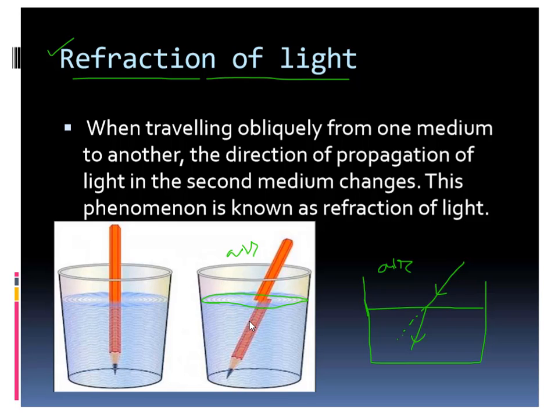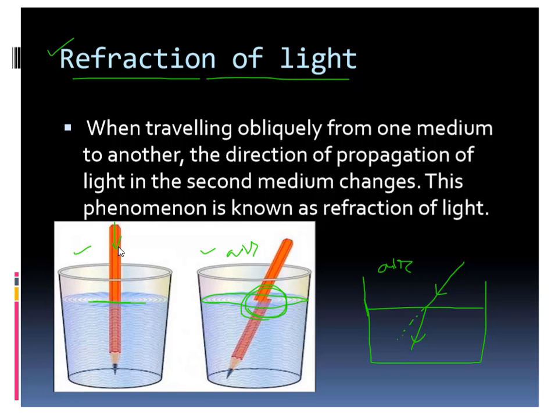But if the angle is 90 degrees, you can see the difference between these two diagrams. Here, at this point, the pencil doesn't look like a continuous pencil. It looks like it is being broken. But here it looks like a continuous one. So what happens when the light ray is normal? Normal means perpendicular.